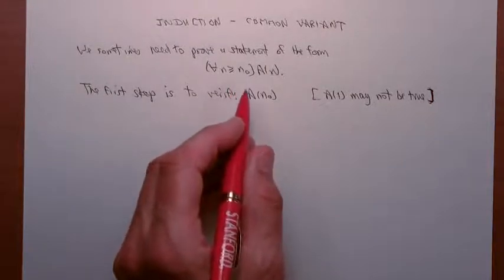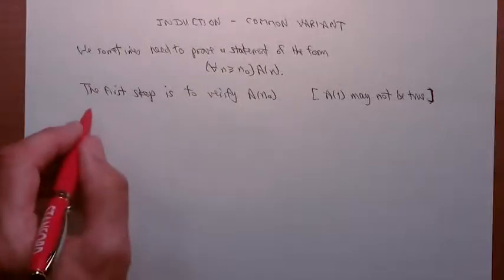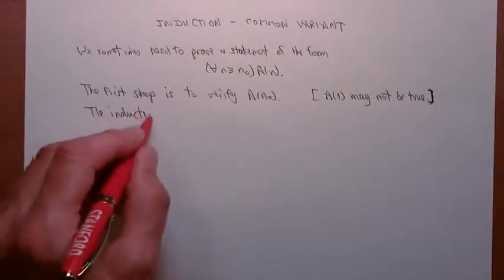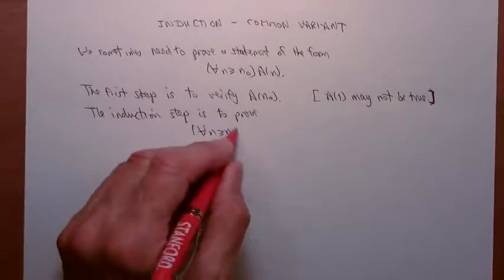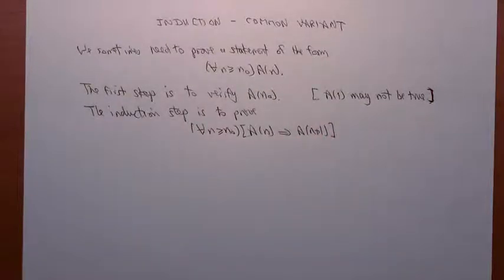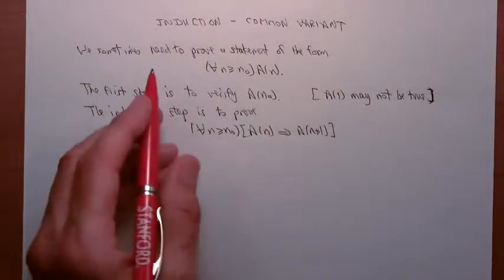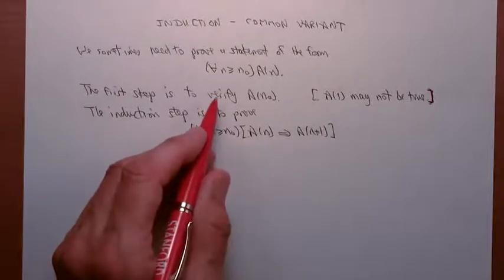But other than that, the argument's essentially the same. In particular, the induction step is to prove for all n greater than or equal to n0, A(n) implies A(n+1). In fact, the example of induction I want to give you next uses this variant of induction.